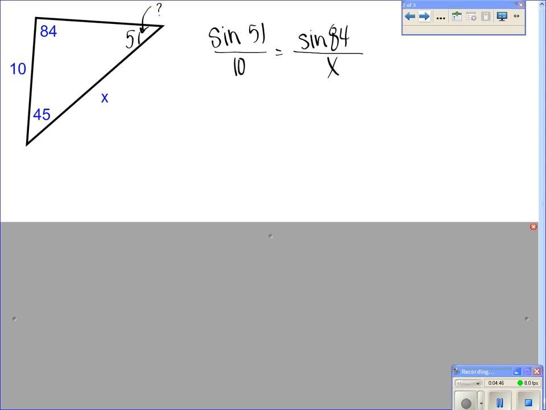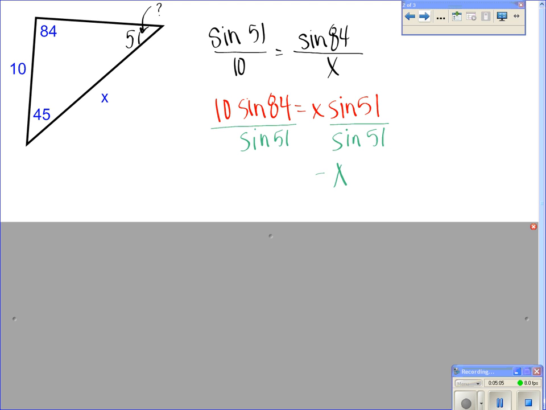Over x. Again, we cross multiply. And just like before, we divide by that sine on the right-hand side. Get x by itself. What should everybody get?